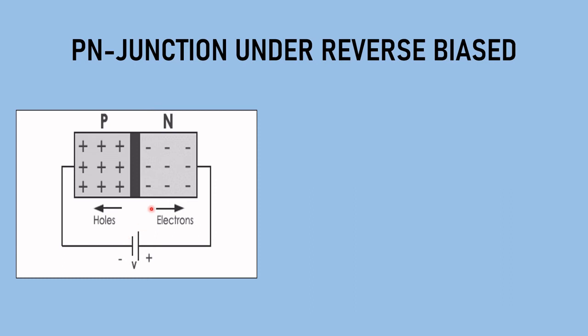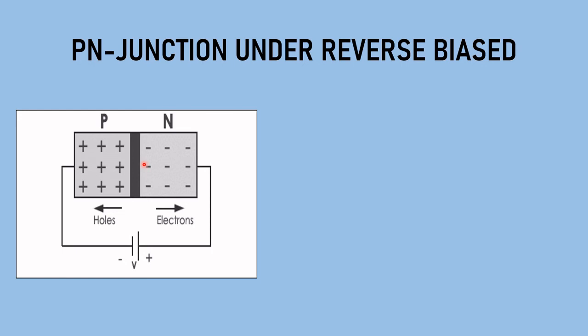Electrons are repelled from the junction towards the positive potential of the power supply, and holes are also repelled from the junction and attracted towards the negative potential of the power supply. So the depletion region is widened, and the majority carriers, holes on the P side and electrons on the N side, cannot overcome this widened depletion region, and that's why the majority carrier flow is zero.